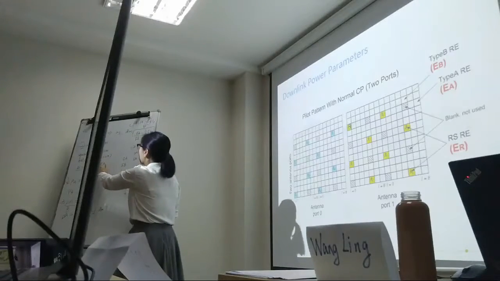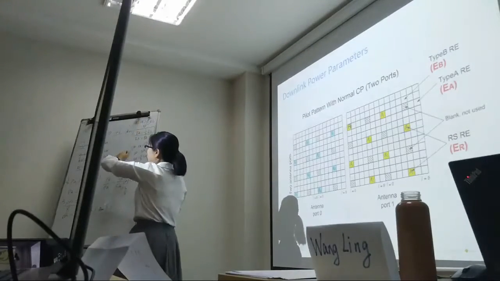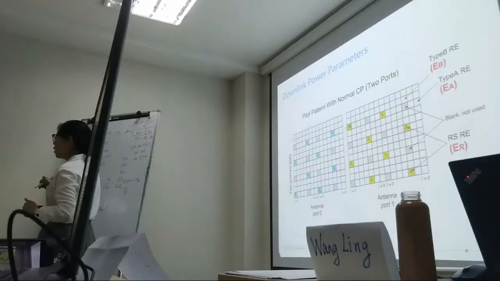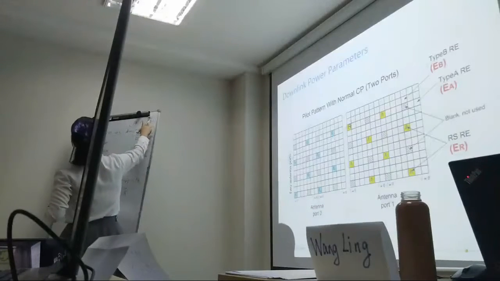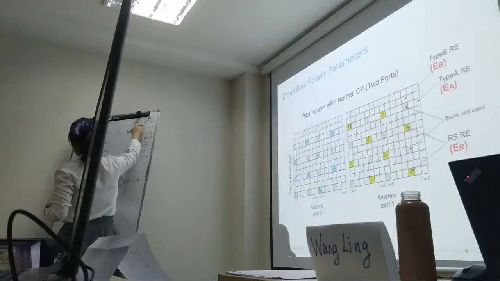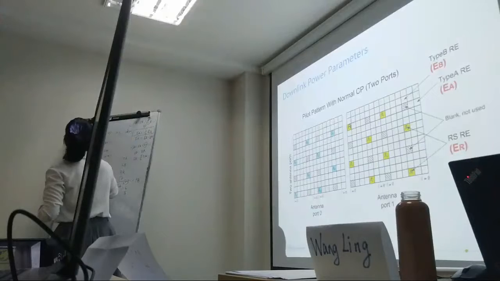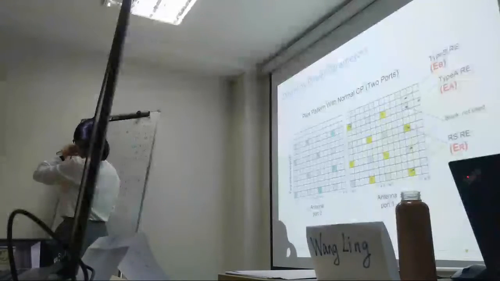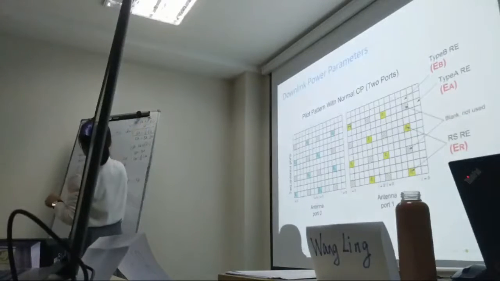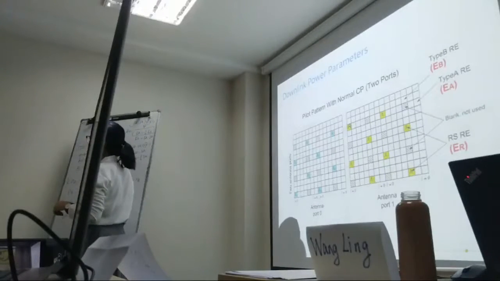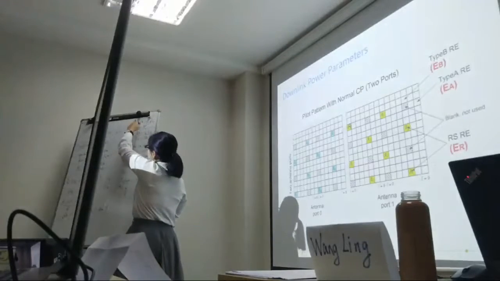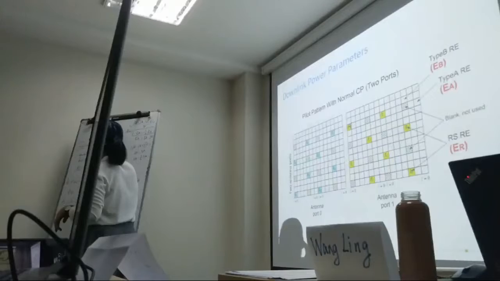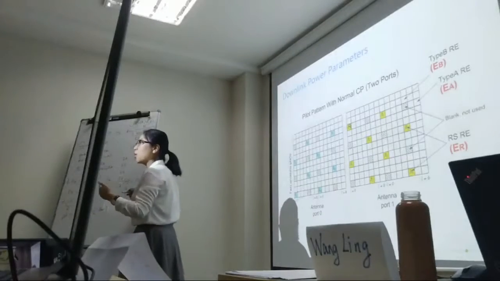Let's see, if I set a different PA, what will happen? Now the EA equals this value, right? If I set PA to -3, can you calculate ER? If I set PA to -3, that means ER is double EA.